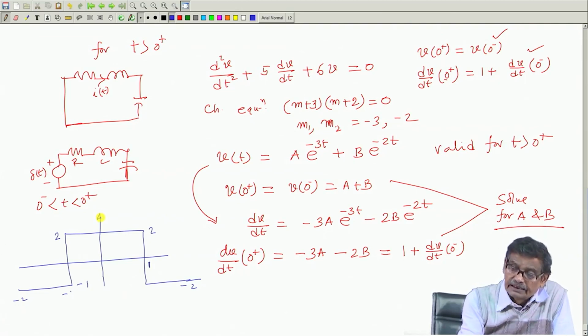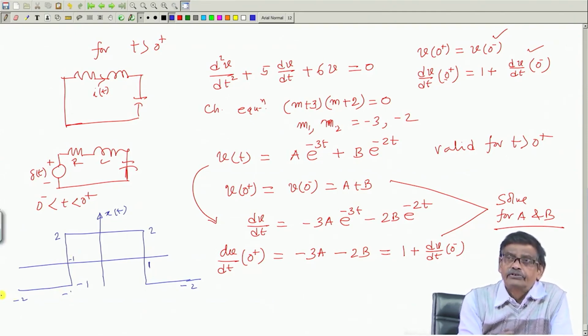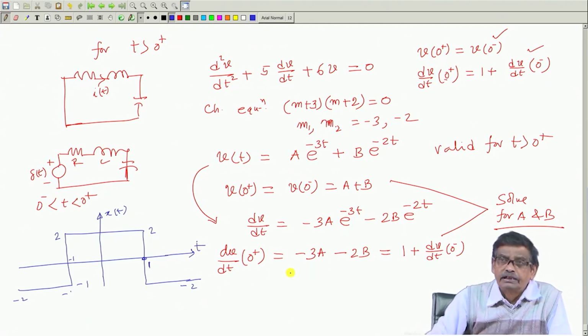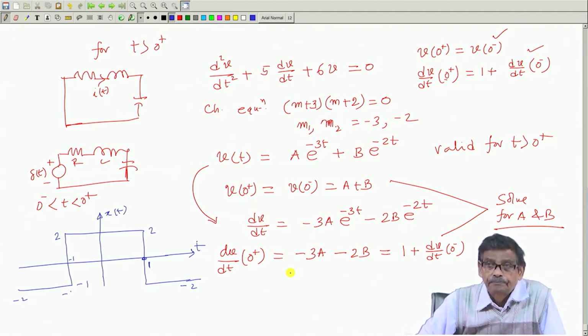This is some signal x(t). It was -2 for t less than -1; for any time before that, this function had a constant value of -2. Similarly, between -1 and +1, between these two points, it has a value of +2. This axis is time, we should not forget to mention that. And then it will have -2 values for t greater than +1.